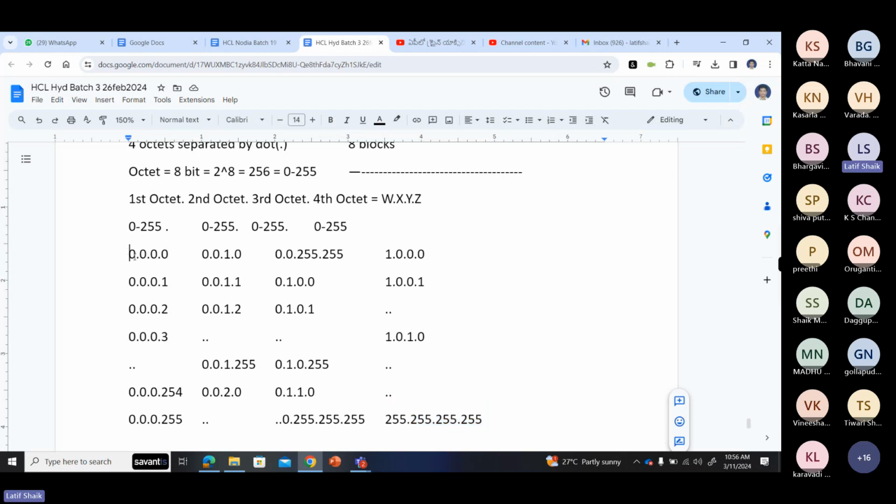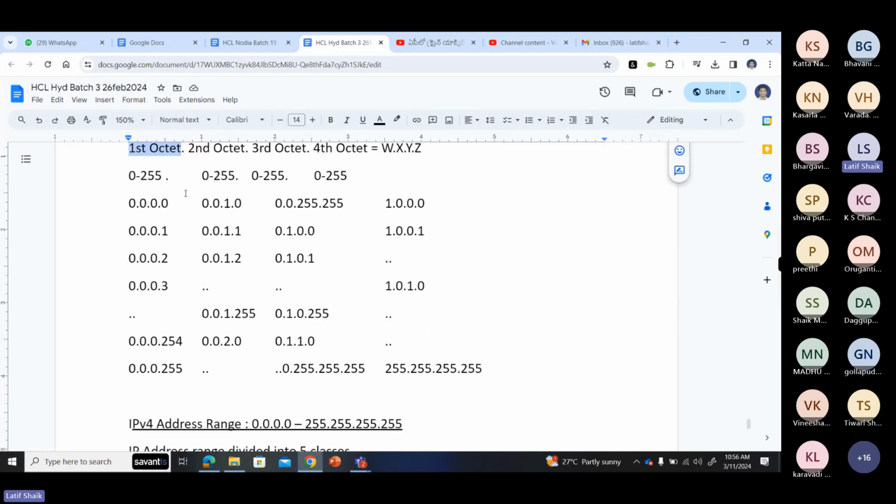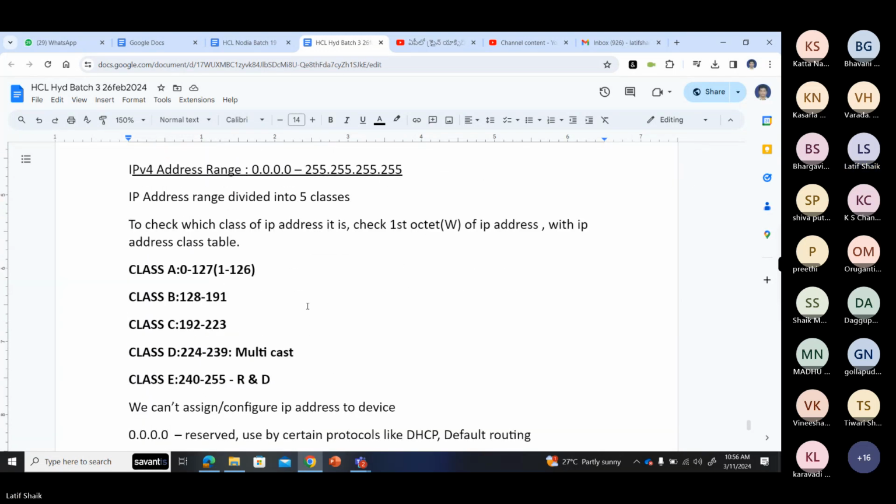This entire range is divided into 5 classes, and the class is based on the first octet only. We can understand which class an IP address belongs to based on the first octet.